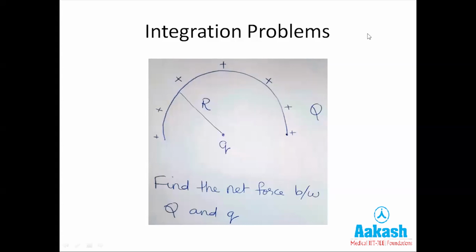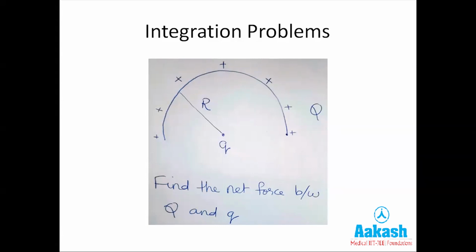Another type of integration problem is as shown. In this case, there is a semicircular ring or a half ring on which a charge capital Q is uniformly distributed. The radius of this semicircular ring is capital R, and at the center of this ring there is a charge small q. We are asked to find the net force between capital Q and small q. Obviously, in this case, the concept of center of mass won't work.